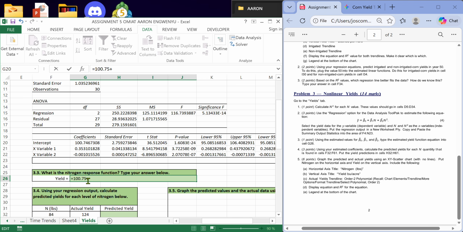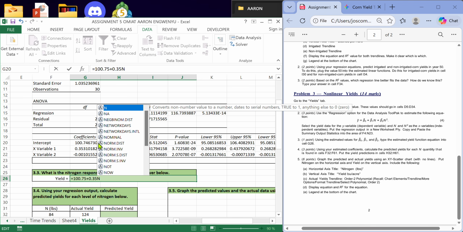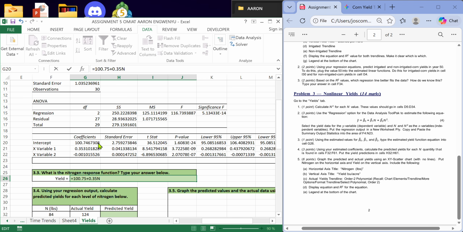Plus, what's the next one? This one, 0.35n. Can we use x maybe? It would work. Let's try.